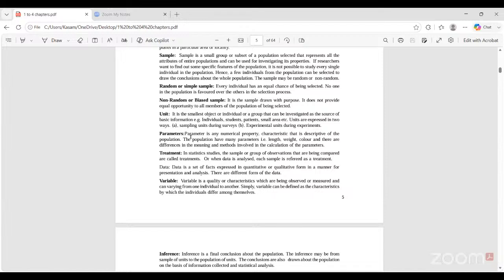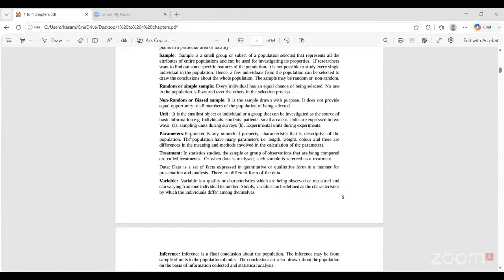What is the meaning of data? Tell me, Naveen. We collect information about any topic, that is data, sir.